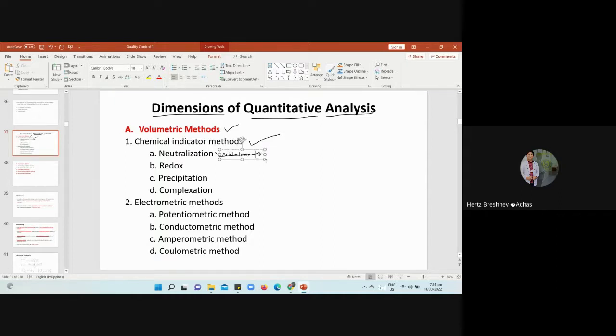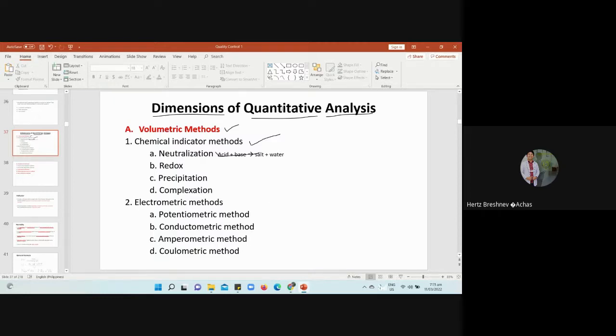What will be the product of an acid and base reaction? It is salt and water. Okay? Salt and water.